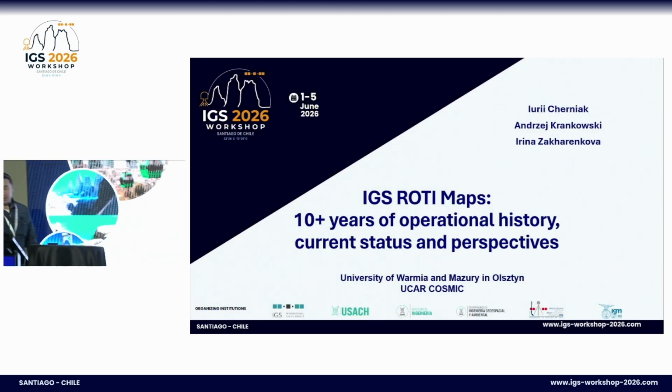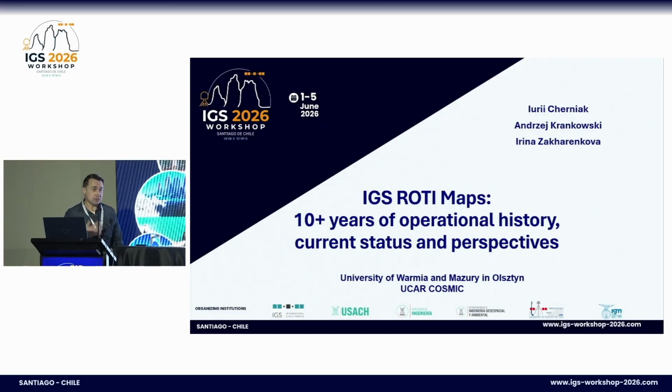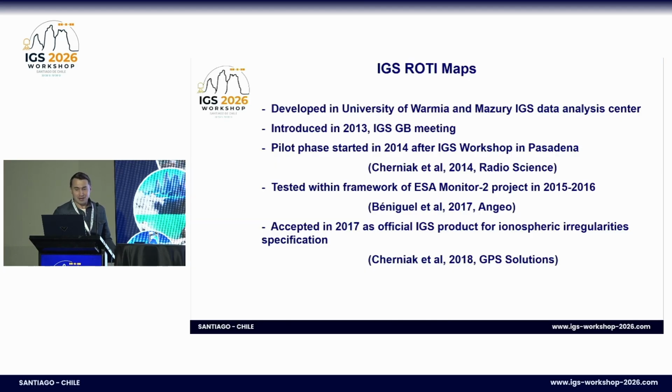Thanks. I will talk about the IGS product that we developed at UWM and have maintained for more than 10 years. This product was started around the IGS workshop in Olsztyn in 2012 and introduced in 2013 at the IGS Governing Board meeting. There were several stages of its development and implementation.